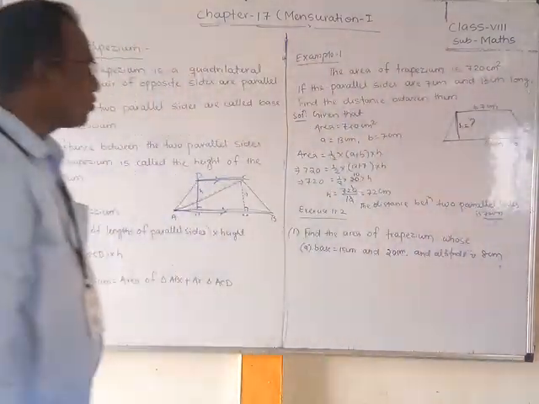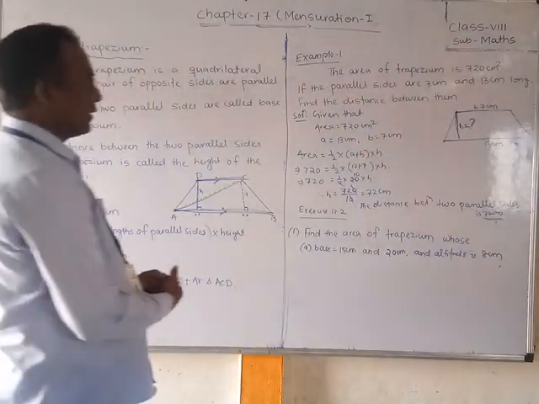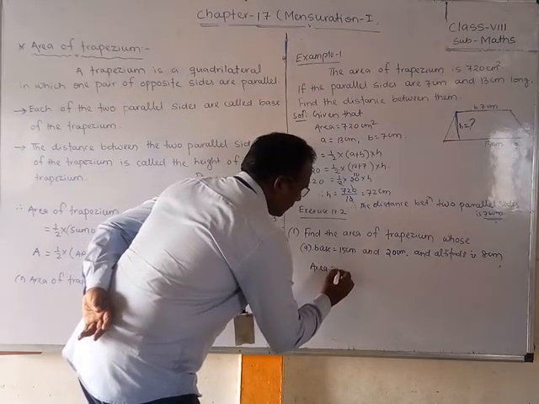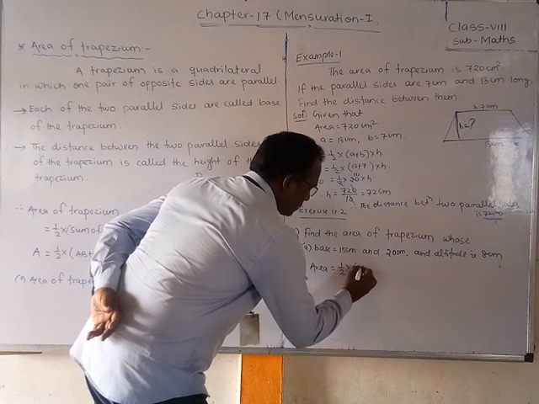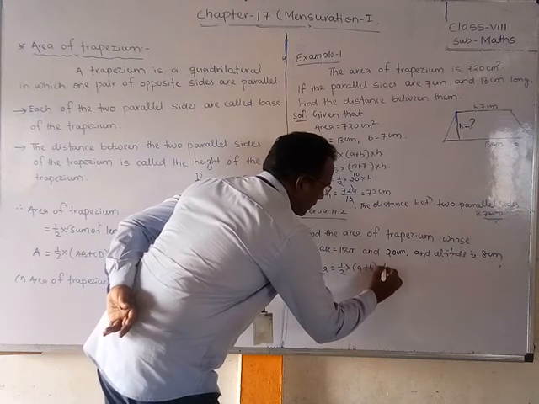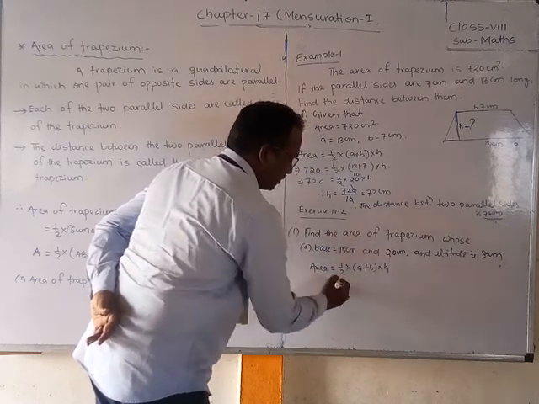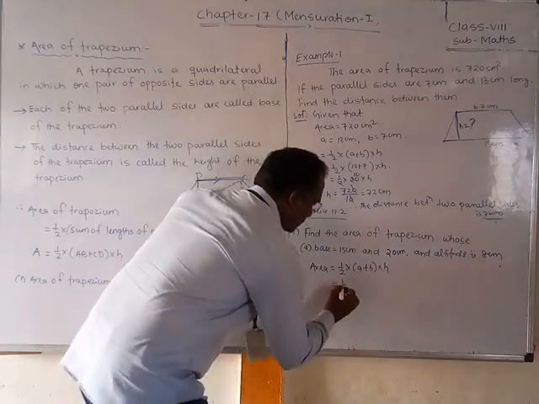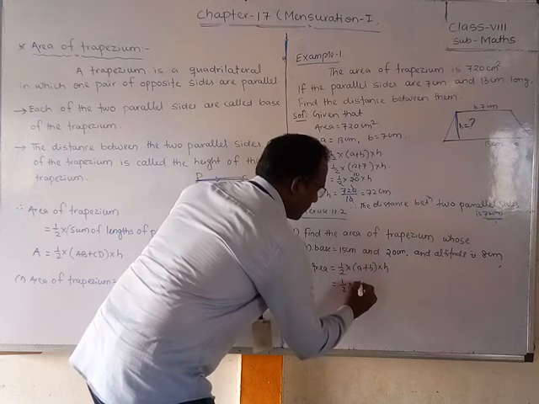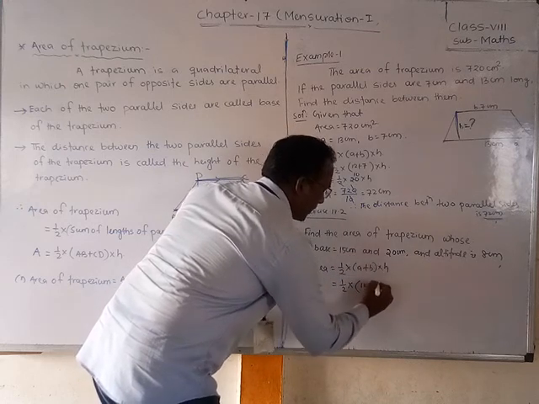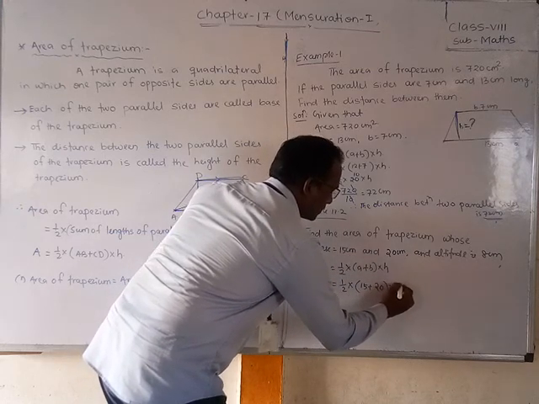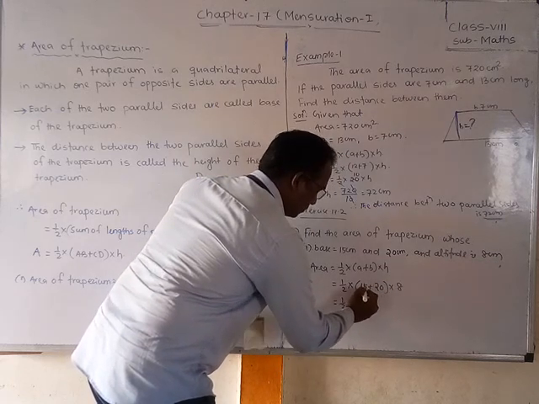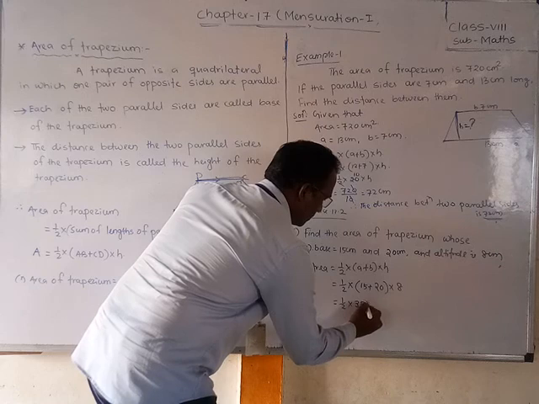Now what you have to do? How to find the area of a trapezium. So what is the area of trapezium formula? Area is equal to half into (A plus B) into H, as I already wrote. A plus B means the two bases, or the two parallel sides. So half into (15 plus 20) into height 8 is equal to half into 35 into 8.